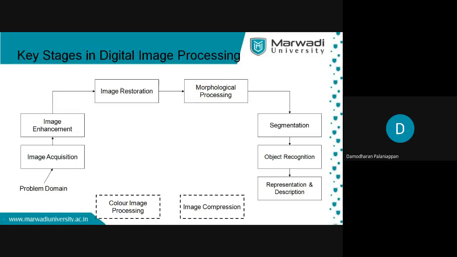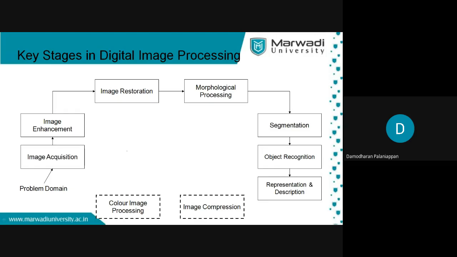In digital image processing, there are 9 key stages. At each and every stage, different operations take place. At each stage, the image can be processed by some methods, algorithms or formulas. We can see the methods one by one.